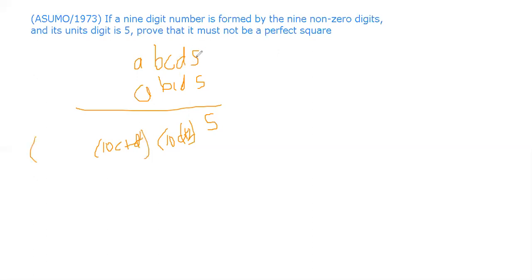Now this would be 10b plus 2cd, 10b plus 2. Now, the fact is that whichever number ends in 5, its square ends in 25. That's a fairly simple fact. You can prove it yourself: just assume the number to be 10a plus 5, and you would arrive at the result very easily.